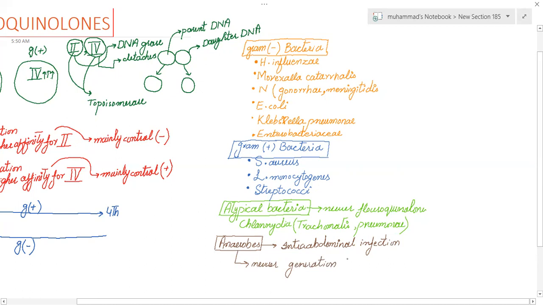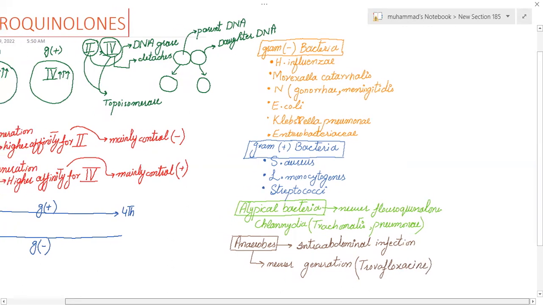Mainly the drug in the intra-abdominal infection associated with anaerobes is trovafloxacin. So this is the spectrum of fluoroquinolones.